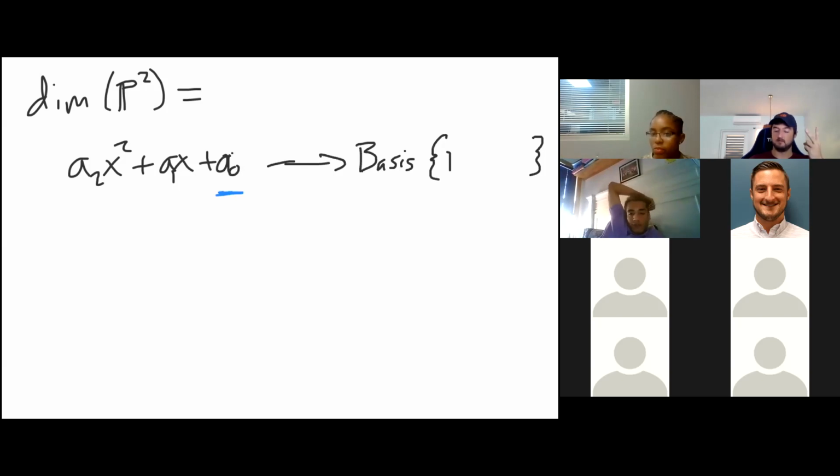What else? X. Yeah, I'm also going to need an x to get whatever my linear part is, that a1 x, and then what's the last thing that I need? What was that, Josh? Sorry. Wouldn't it be x squared? Yeah, it'd be an x squared.